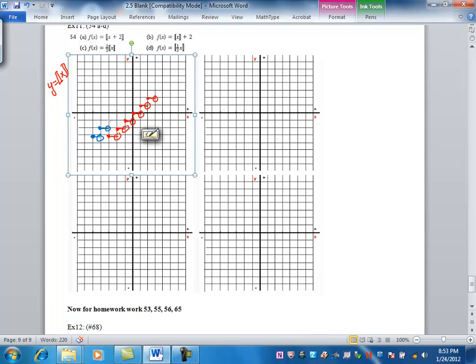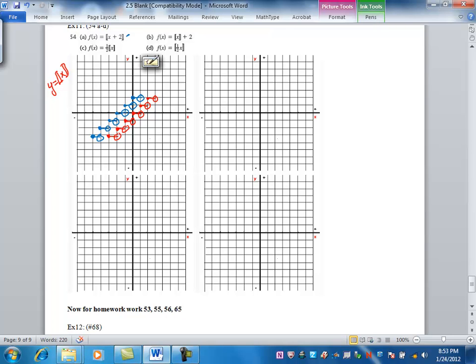Notice every point is moved to the left. We sometimes call this function the step function for reasons that might be obvious. It looks like a bunch of stair steps here. Okay? So there we go. There is f of x equal the greatest integer of x plus 2.